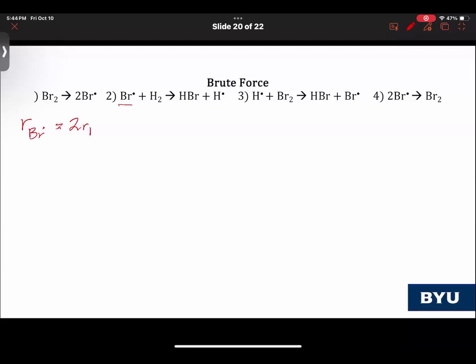So we're going to be subtracting R2, adding R3, and subtracting 2R4. If I write that expression out, I'm going to have 2K1 C bromine gas. Sorry, not.